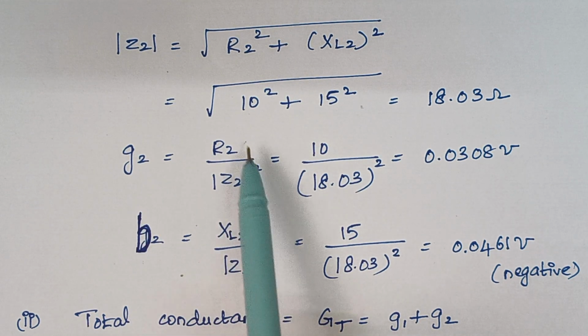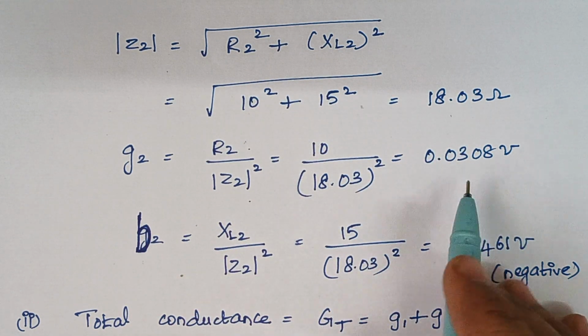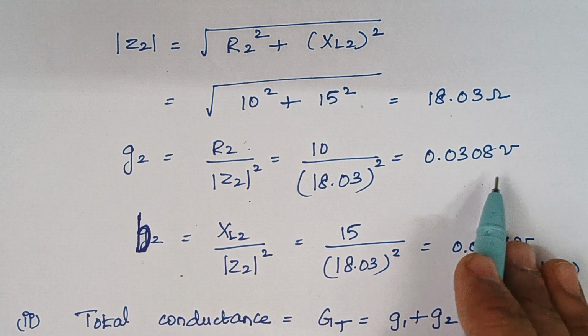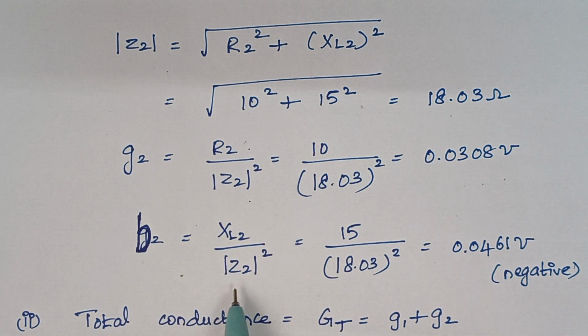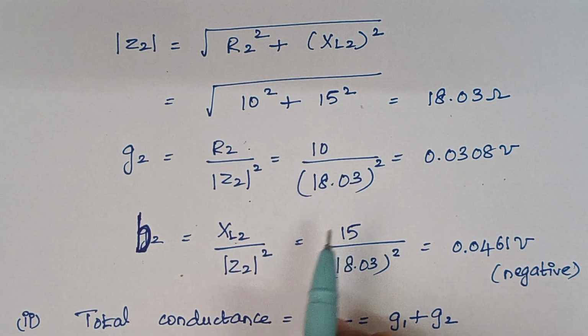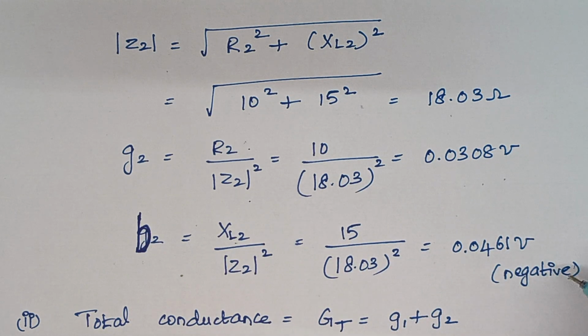R2 is given in the problem, Z2 we had calculated. So just substitute, and here the answer is 0.0308 mho. Similarly, B2 is given by XL2 by Z2 square. The value of XL is given in the problem, Z2 we know. So just substitute, and here the answer is 0.04461 mho, and here it is negative.